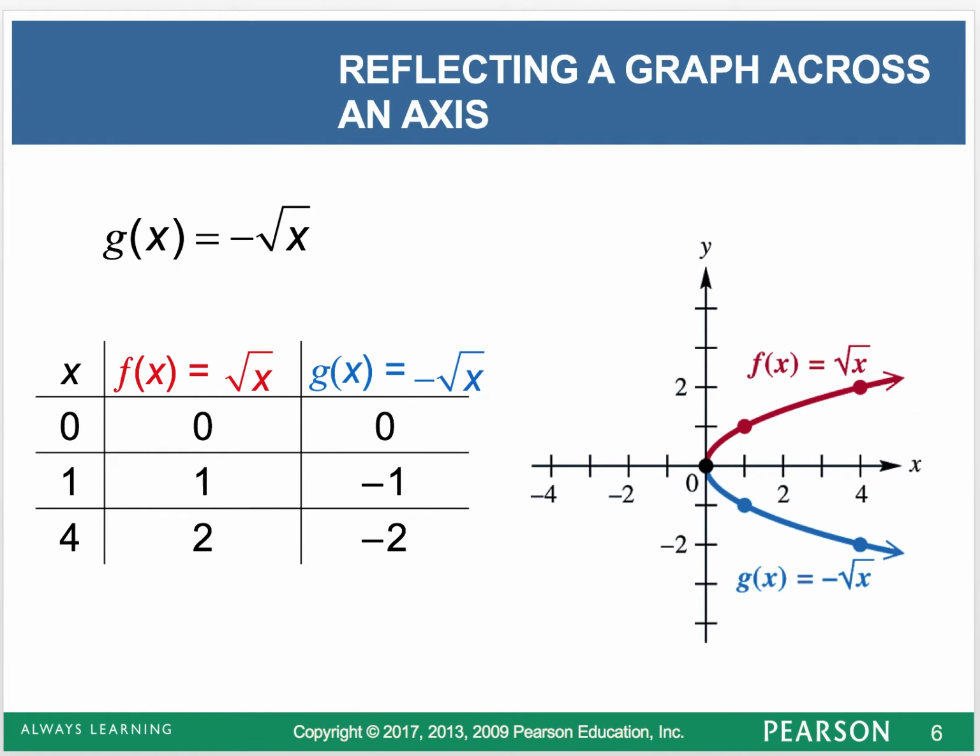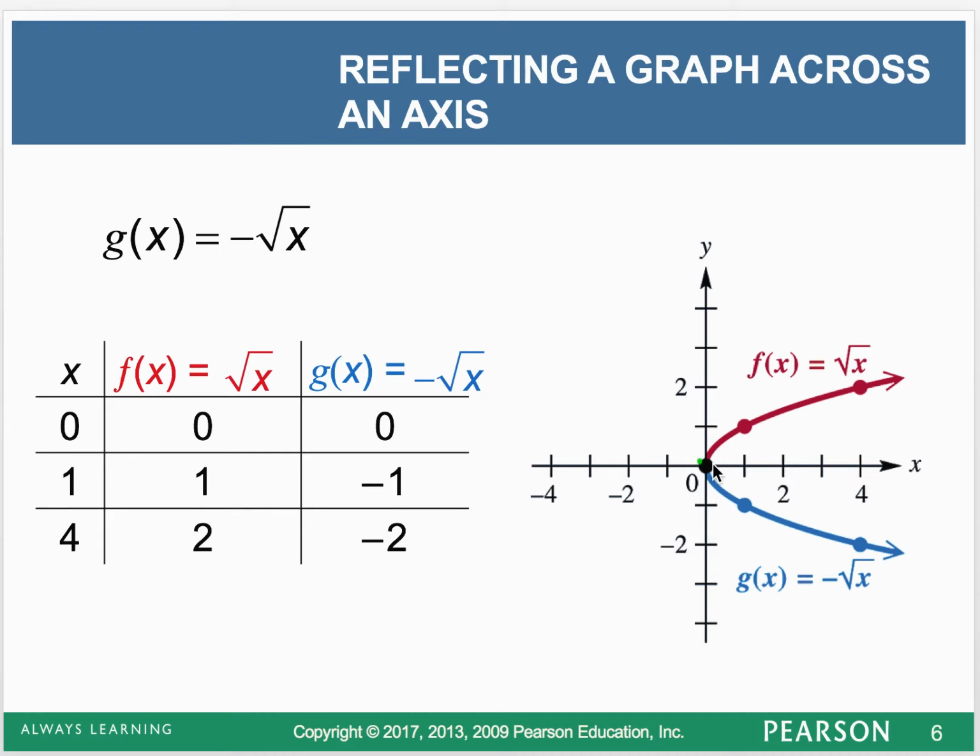The other transformation is a reflection, right? And a reflection makes a mirror image. Okay, so again, that's what negatives do. If the negative is outside, it's affecting the y value. So now they've switched over to a radical graph.